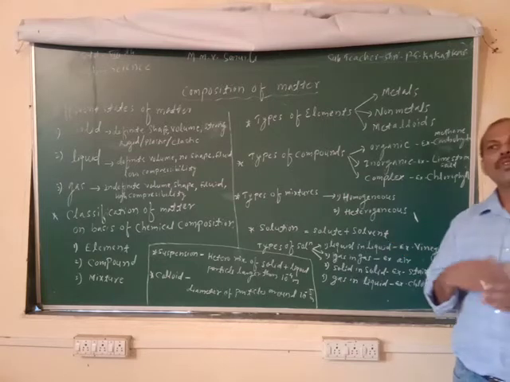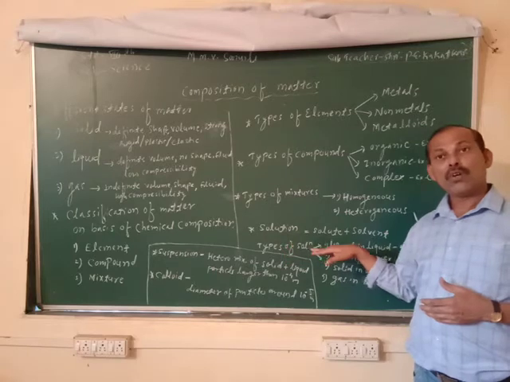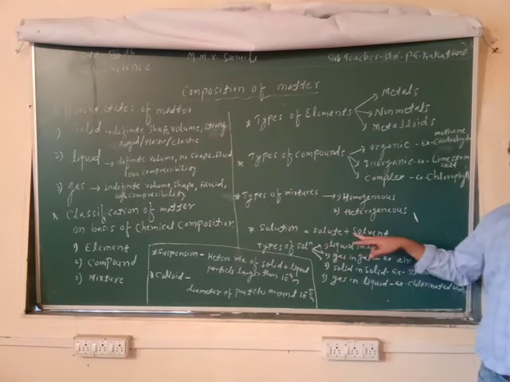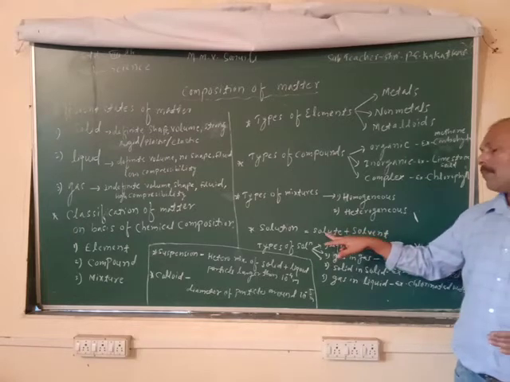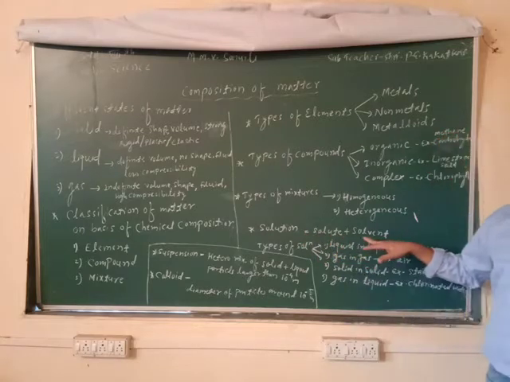If you take the example of a salt solution, then salt is the solute and water is the solvent. Always in a solution, the solvent is in more proportion compared to the solute. So a solution is a mixture of solute and solvent.